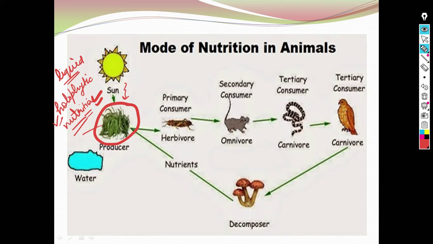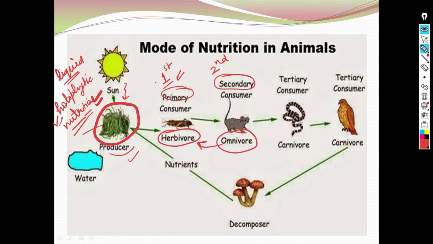Okay. Now we have discussed earlier that these are producers, and the first herbivores which are eating these producers are called primary consumers. So primary, you can just imagine that these are at level 1. Then there are secondary consumers at level 2, the animals who are eating these herbivores.